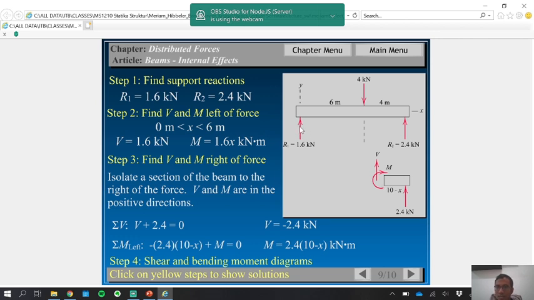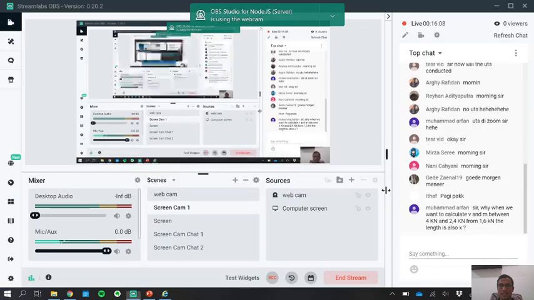From the left edge to the cutting is x. From the right edge to the cutting, it will be 10 minus x because the total length is 10 meters. Is that answering your question, Muhammad Arfan?